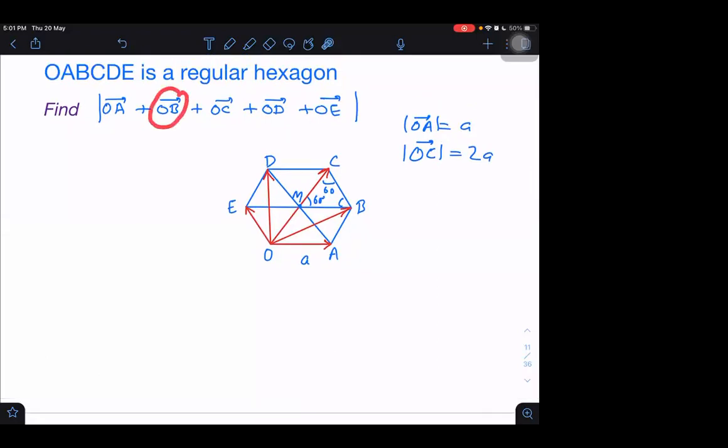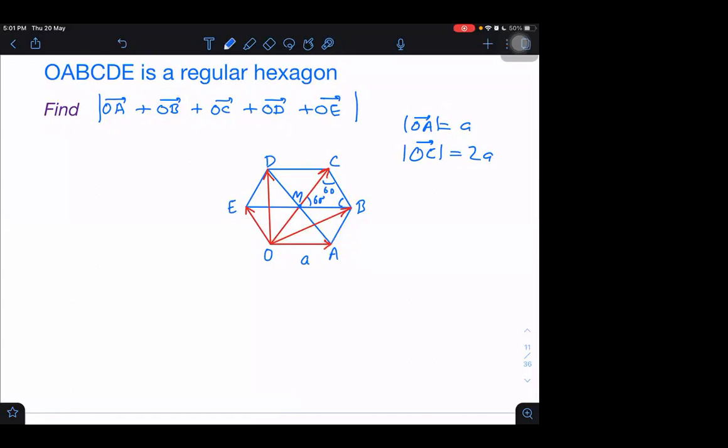Do you know what OB means actually? OB means OA plus AB. Is it right or not? Vectorially, yes, sir. So let us do this. I want to write these vectors in terms of these sides. That will make the problem much easier.